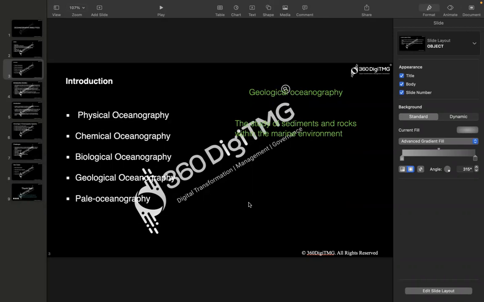So it involves geochemical, geophysical, sedimentological, and paleontological investigations of the ocean's floors and coastal margins. So geological oceanography includes exploring the ocean floors, and the processes that form its canyons.